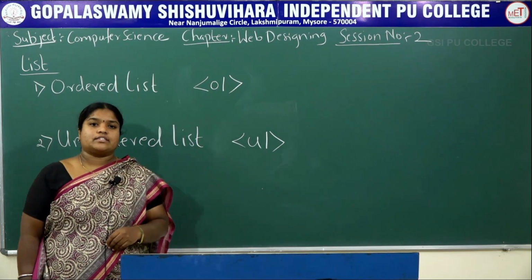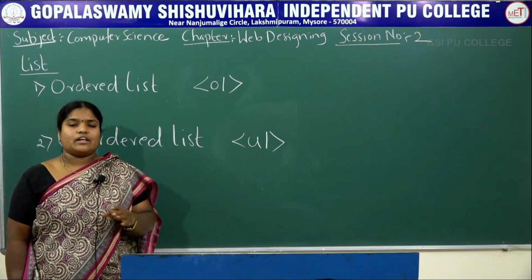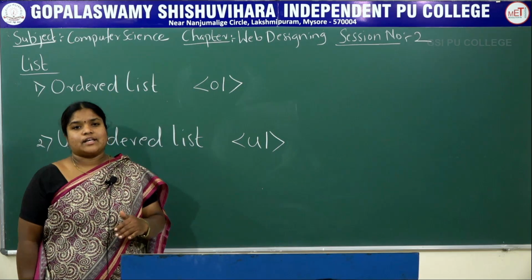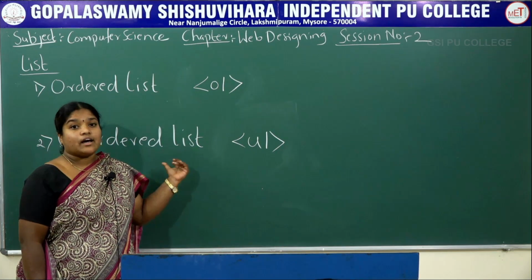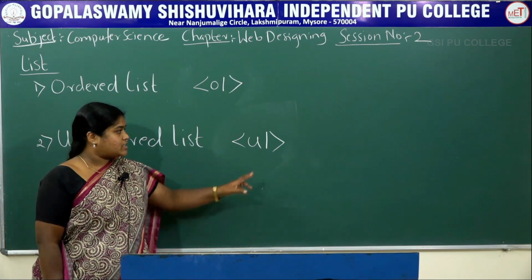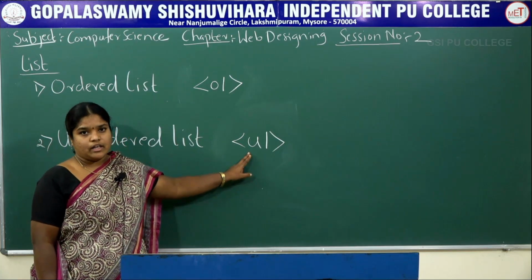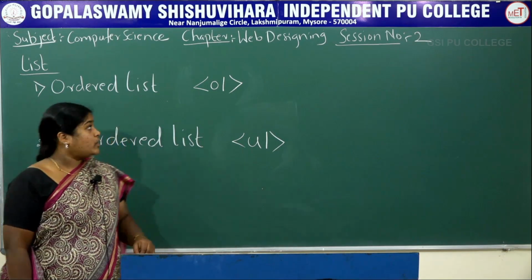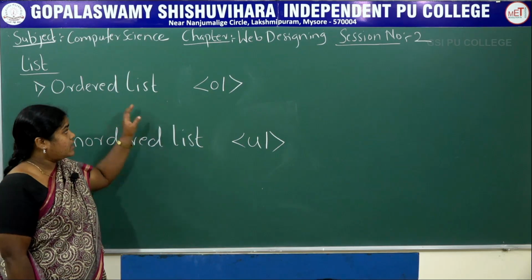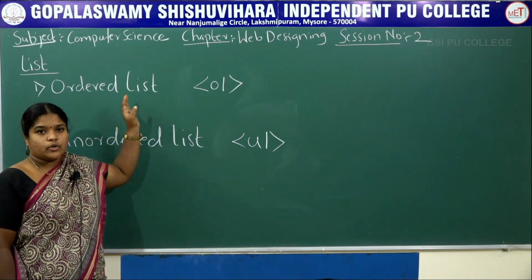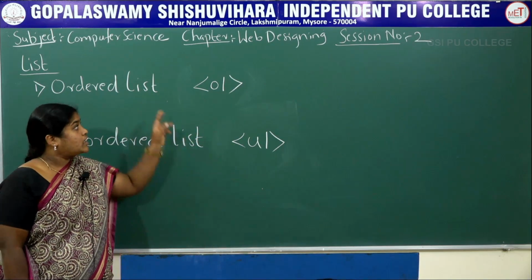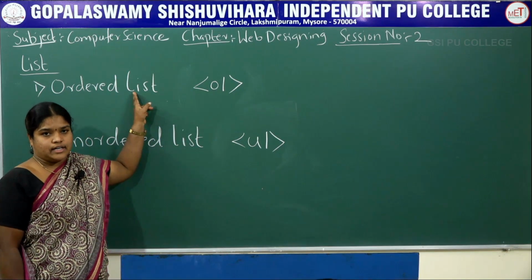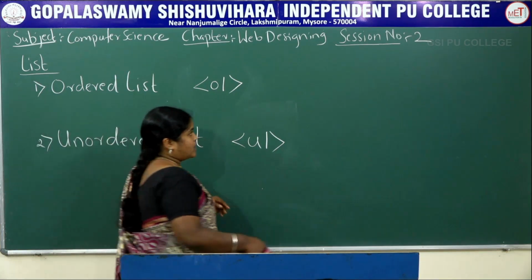The next one is unordered list. If the list is displayed using bullets, then it is called as unordered list. For unordered list we use the tag UL. In today's session we are going to study in detail what are the different ways you can number the list in ordered list. Let's see one by one.